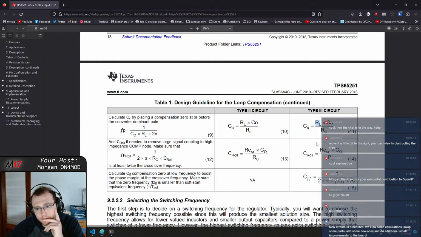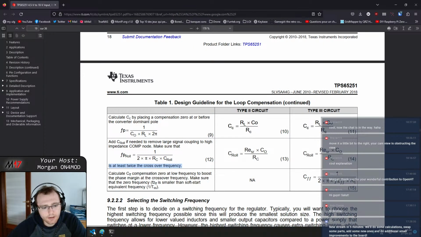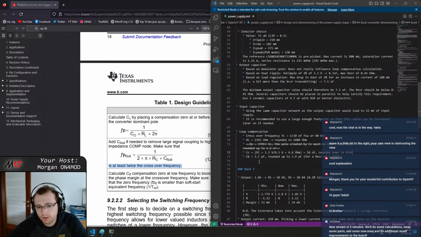What do they say? So it should be at least twice the crossover frequency. So that means that if we have a C which is too high, we are gonna reduce this value. So if we have to choose, we should pick a C which is too low or lower than the one that we have to pick. So yeah, 47 nanofarad is gonna be good.